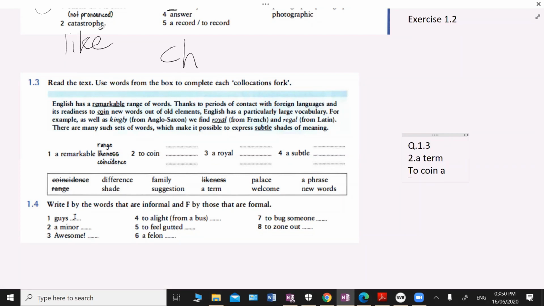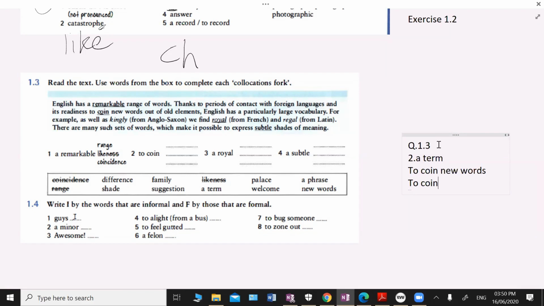But can you say to coin a phrase, to coin new words, to coin a name? Okay, it can be. What else can we say to coin?